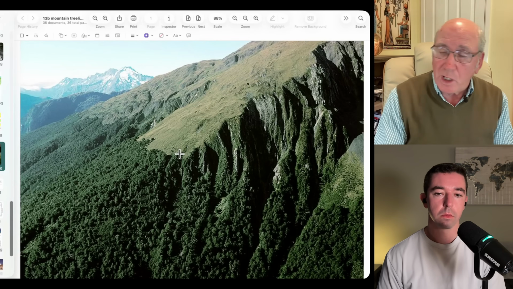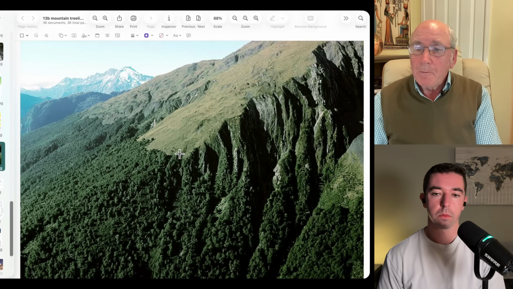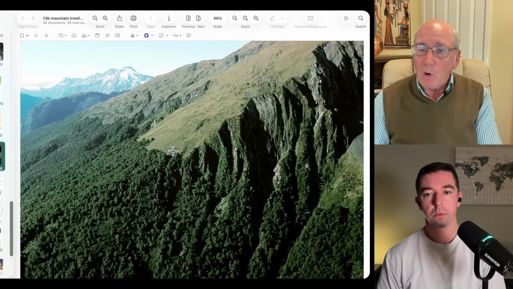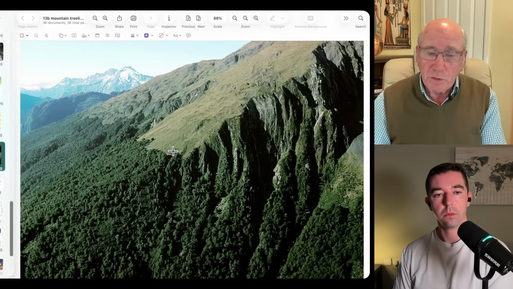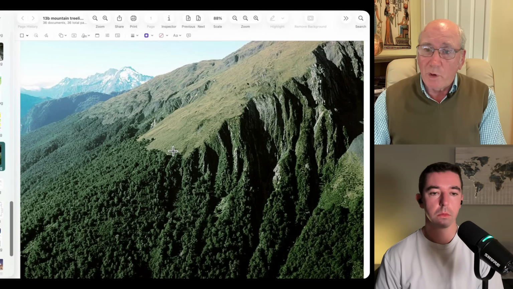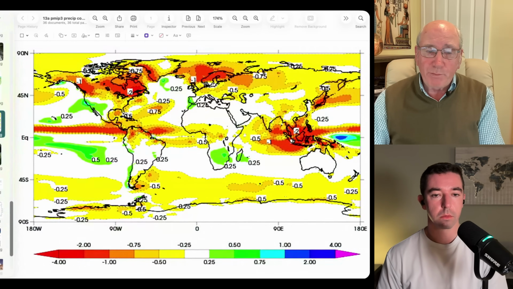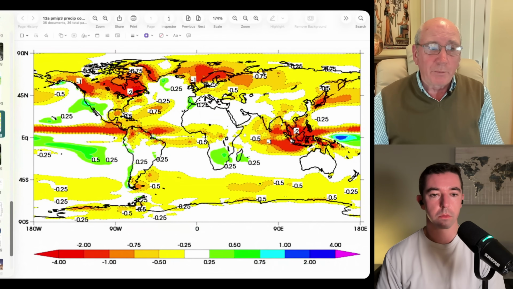And from these tree lines, you can assess what the temperature was back in the past, because many of these ancient tree lines are visible on the hillsides. And so you can see how cold it was or how warm it was in the past. And that's where they get these precipitation maps from as well.